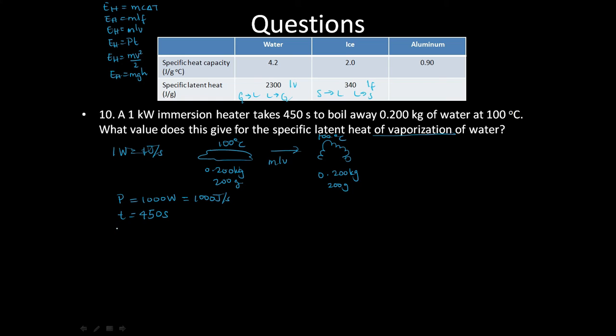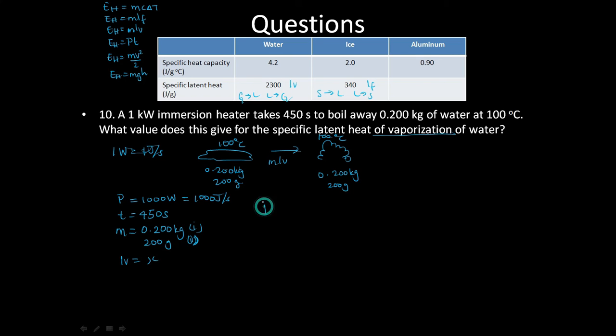We have the mass of the water, 0.200 kilograms, and also 200 grams because we want to work out 1 and 2. And then we want to work out LV.